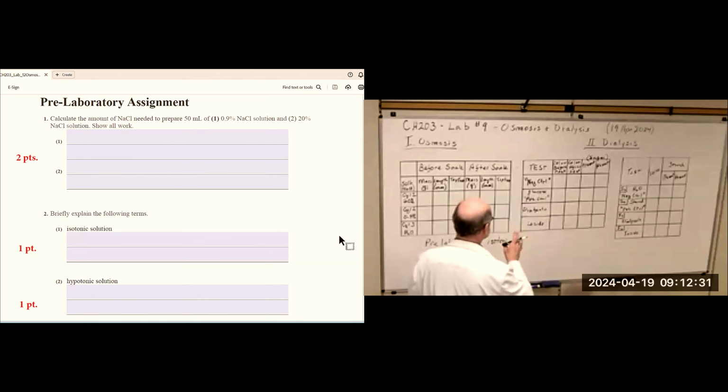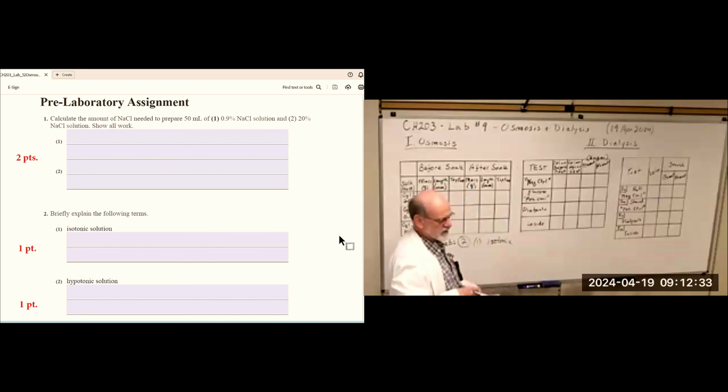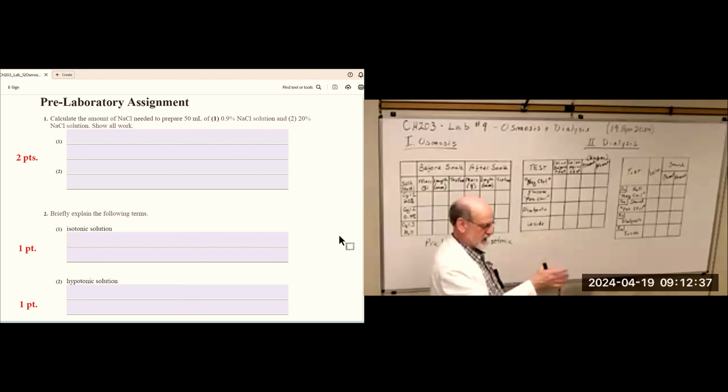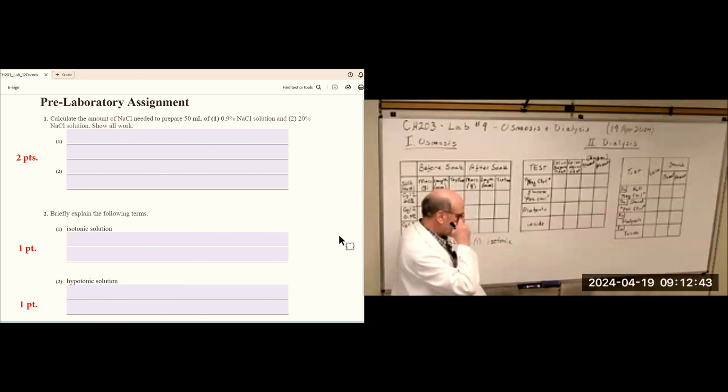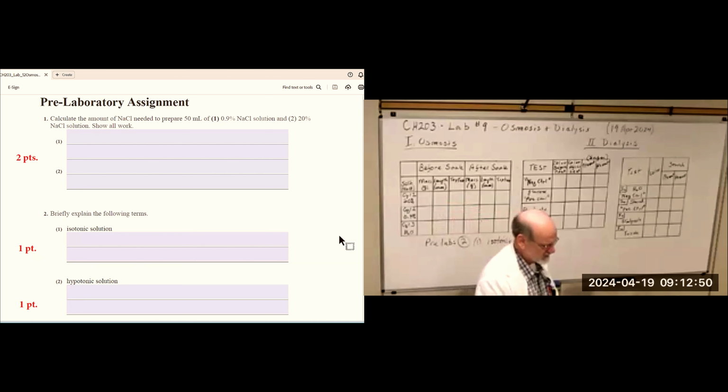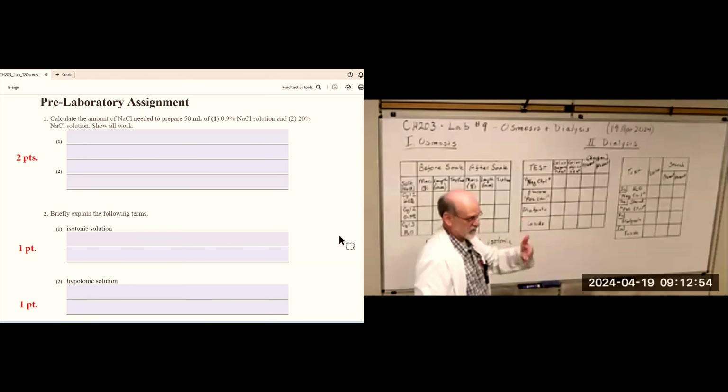When we're discussing tonicity, usually in a biological sense, in other words, the cell has a membrane, and the membrane allows certain things to pass through it. And the membrane is really more complicated. It's more complex and controlling than a simple membrane.